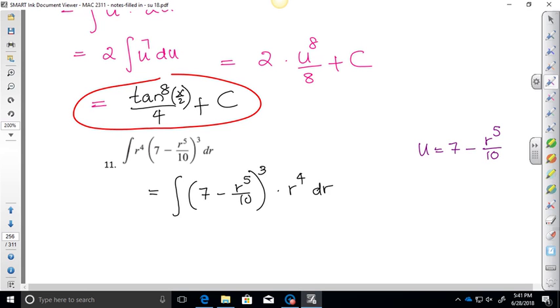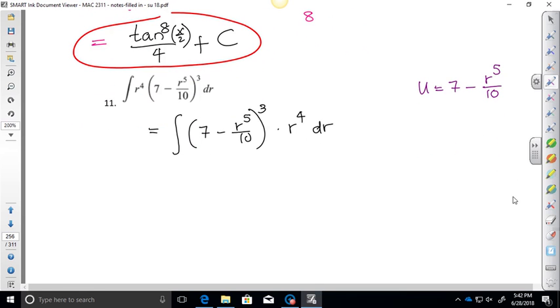Okay, what is du? Du is negative 1/10 times 5 r to the 4, right? So negative 1/10 is the coefficient, times the derivative of r to the 5, which is 5 r to the 4, which is actually negative 1/2 r to the 4. I'm forgetting something. What is it?